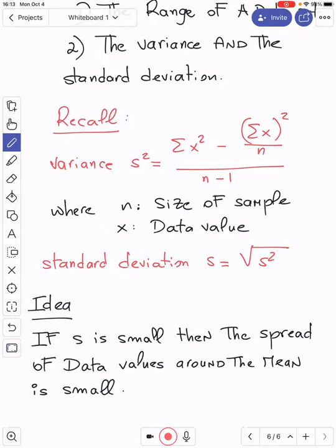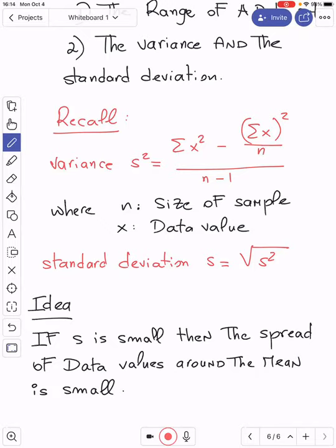So what do I mean by the spread of data values around the mean? The mean is supposed to be your expected value. When you take a data value, what you expect is the mean. So if the standard deviation is small, then in general the difference between your mean and your data value is going to be small.